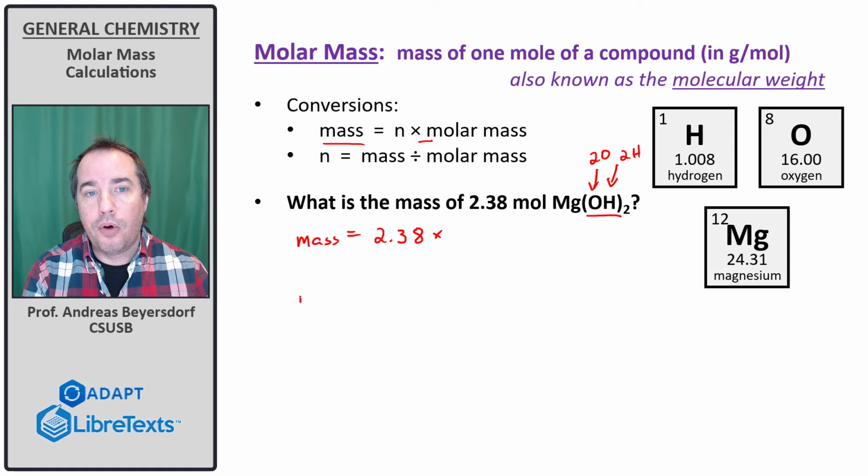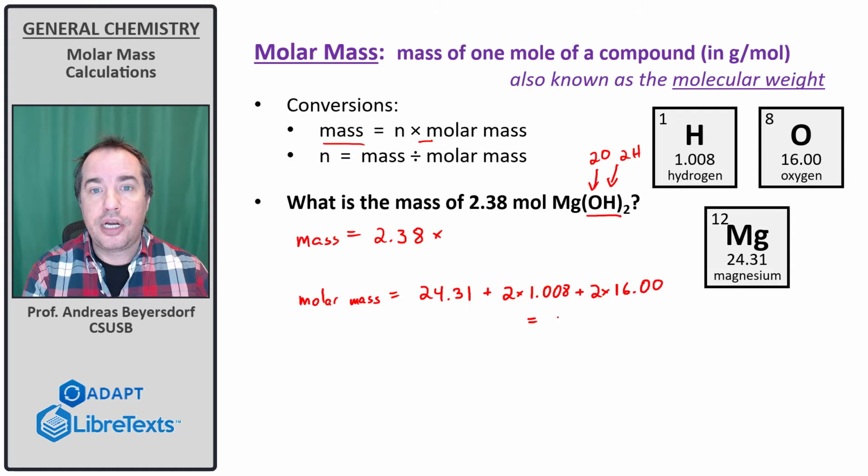So my molar mass is the mass of the magnesium, 24.31, the molar mass of that, plus 2 times 1.008, that's for the hydrogen, plus 2 times 16.00, that's for the oxygen. And that's going to get me 58.326 grams per mole.